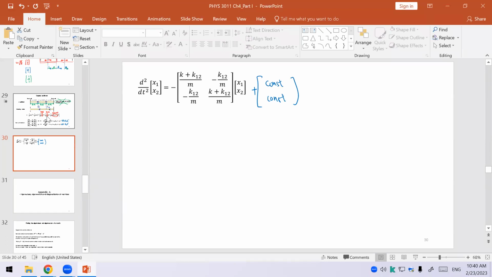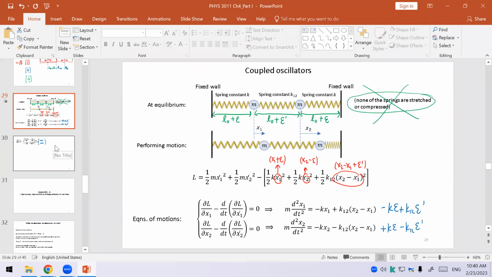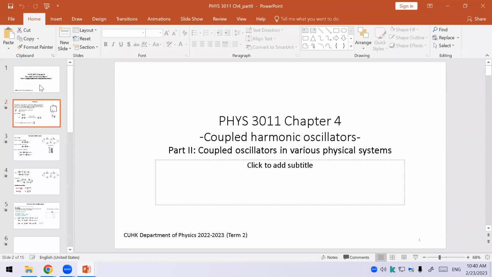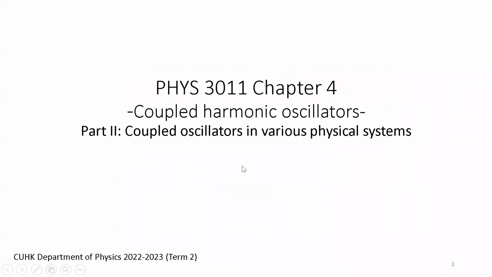Okay, and that's the last thing I want to talk about for this part 1 of the chapter. So let's get to part 2. For part 2, what we are going to talk about are basically more different kinds of examples.